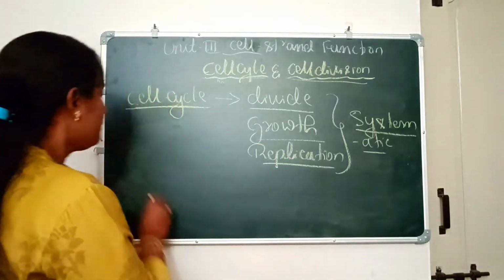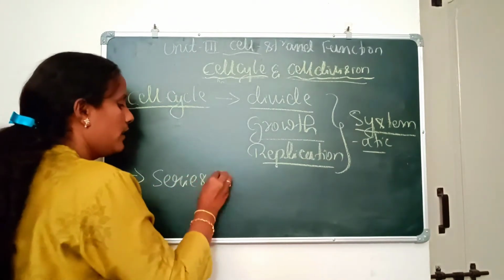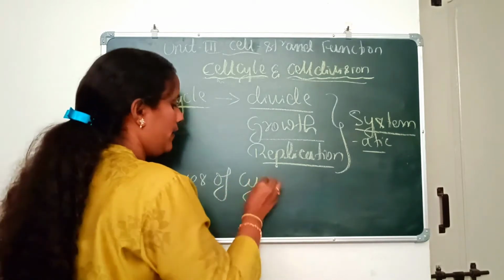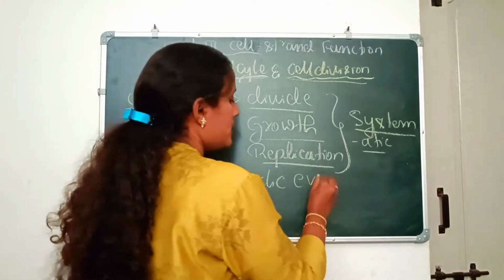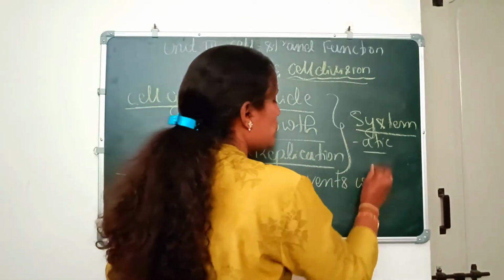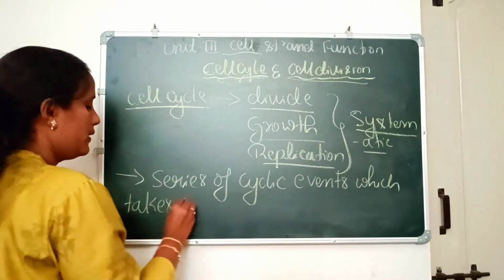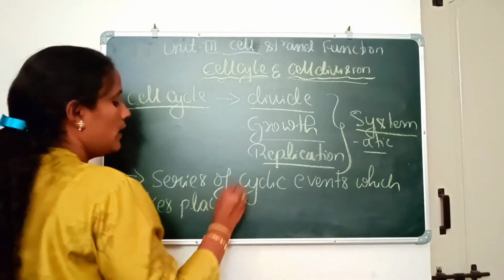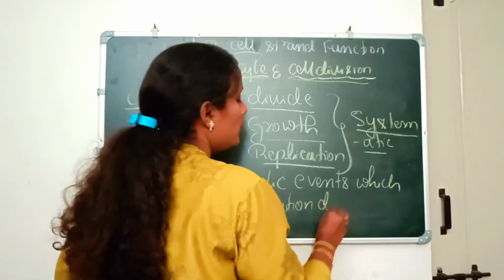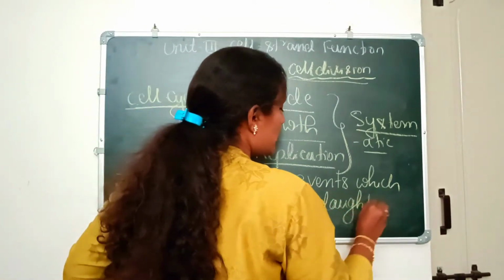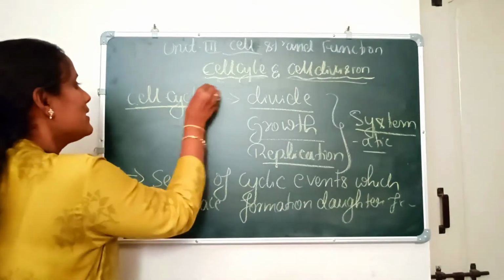That means a series of cyclic events, it is a cyclic process. The series of cyclic events which take place during the formation of daughter cells from a parental cell is called the cell cycle.